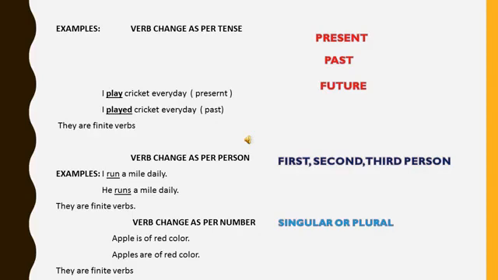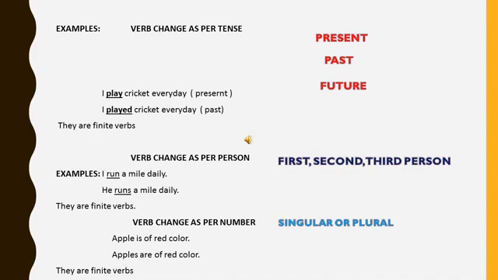The second heading is verb changes as per person. As you can see, first person, second person, third person. Here are examples. I run a mile daily. When we change, he runs a mile daily. So they are finite verbs. And the third heading is verb changes as per number, either singular or plural.